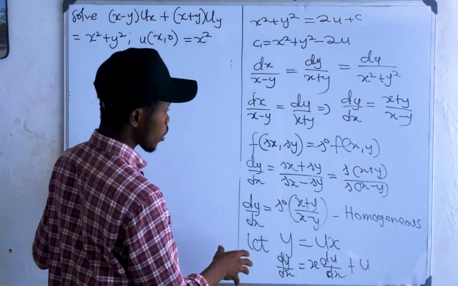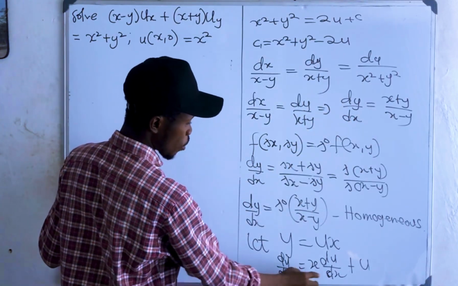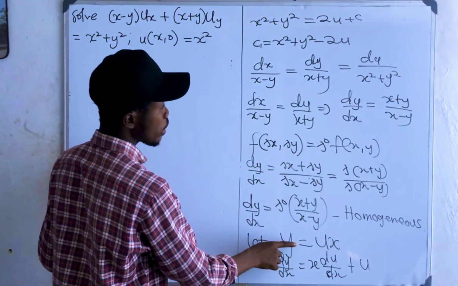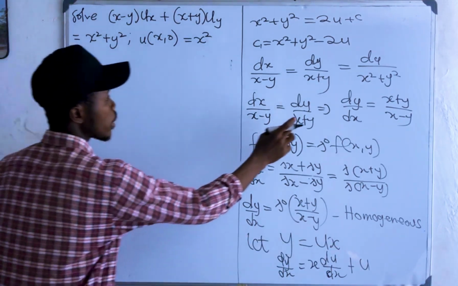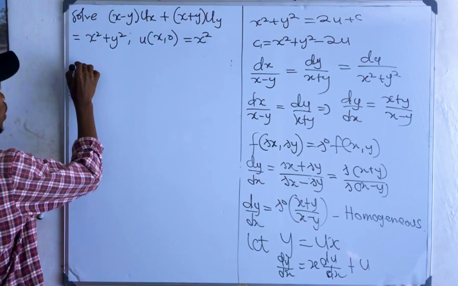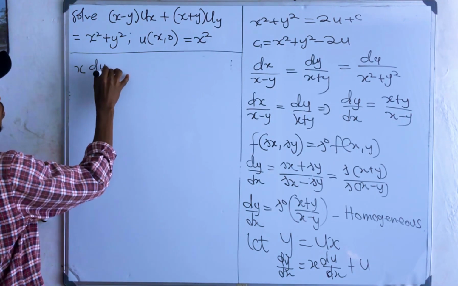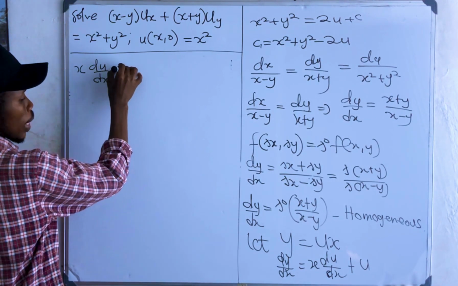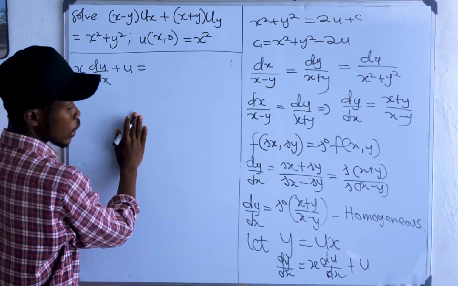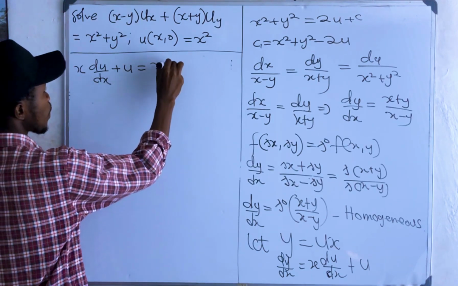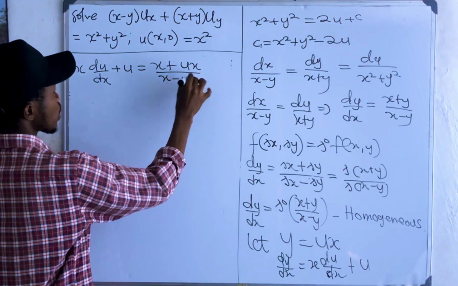So what you're going to do is that when you come back to this place here, wherever I see dy dx, I'm going to put the whole of this one there. Wherever I see y, I'm going to put ux there. So let's see. So our dy dx is now x du dx plus u is equals to x plus y, y is ux, all divided by x minus ux.